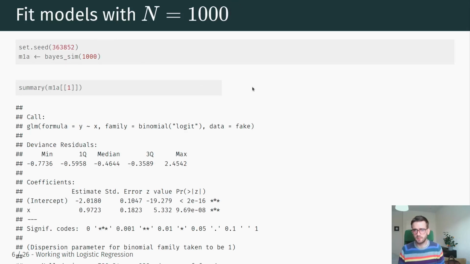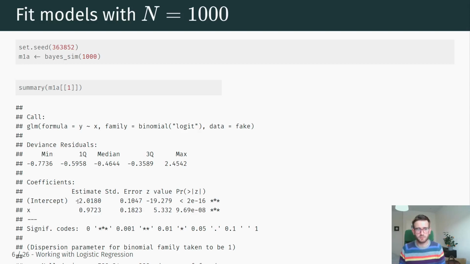We can explore these results by running this function that we just defined with n being equal to 1,000, and we can look at two different outputs, the basic GLM function and the Stan function. Looking at the base R GLM function, we see that our point estimates are pretty close to the true underlying data generating process.